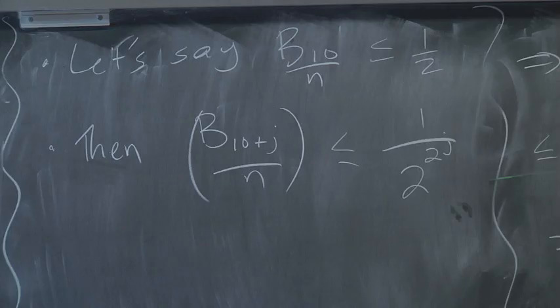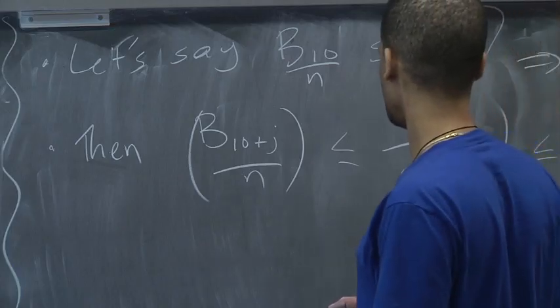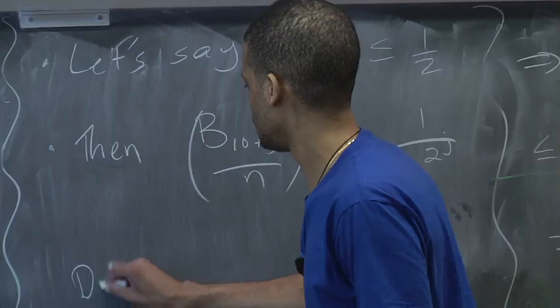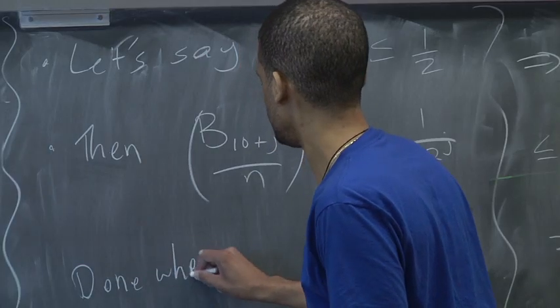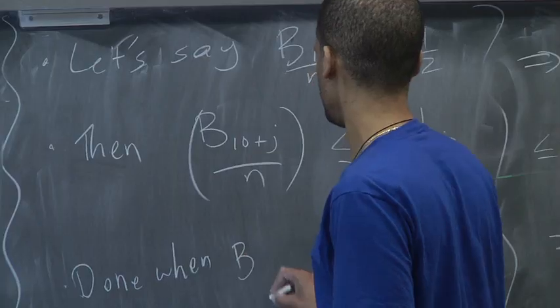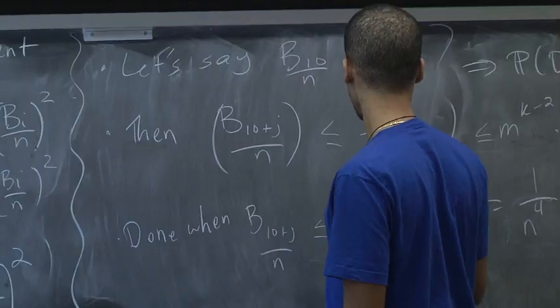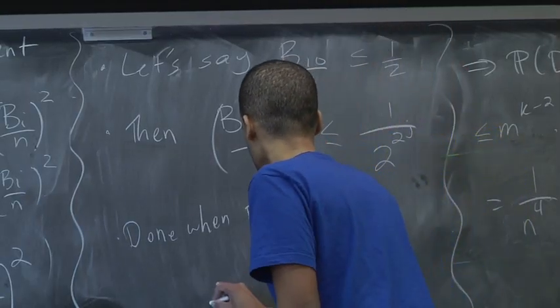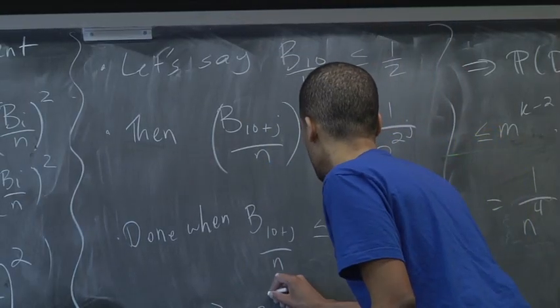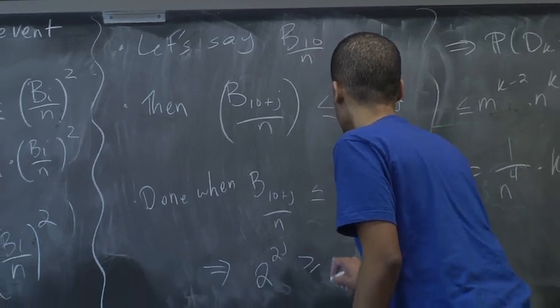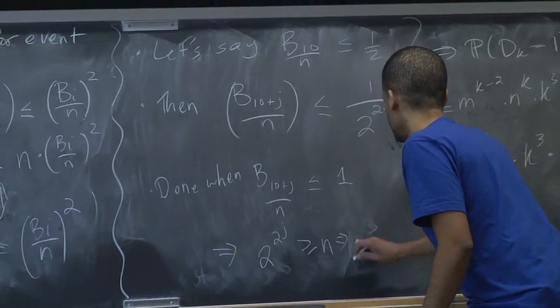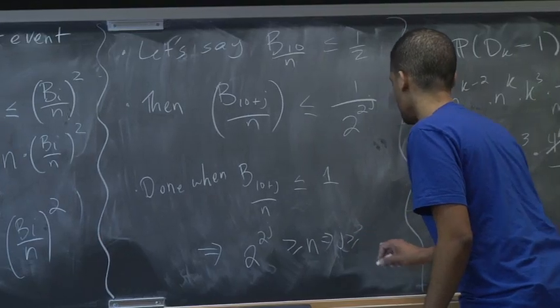So we're done when b_{10+j} over n is at most 1, which implies 2 to the 2 to the j is bigger than or equal to n, which implies j is bigger than about log n.